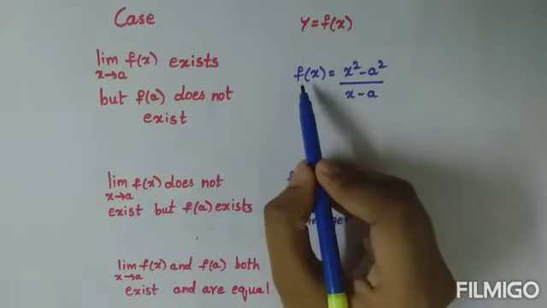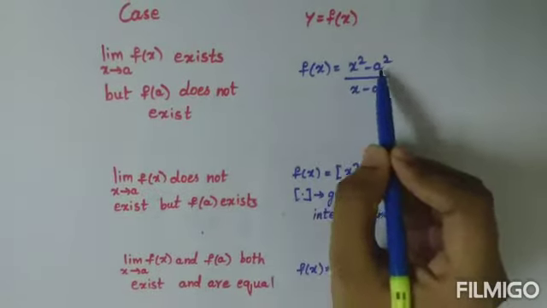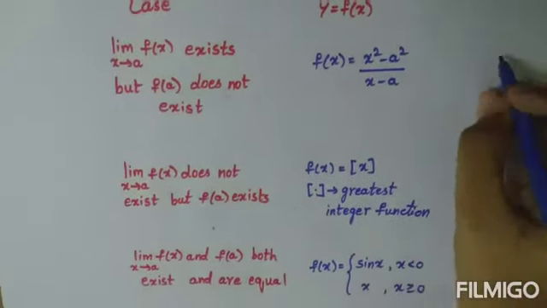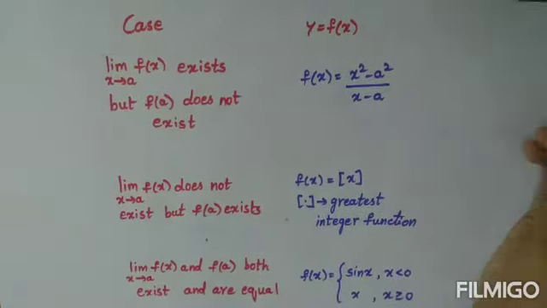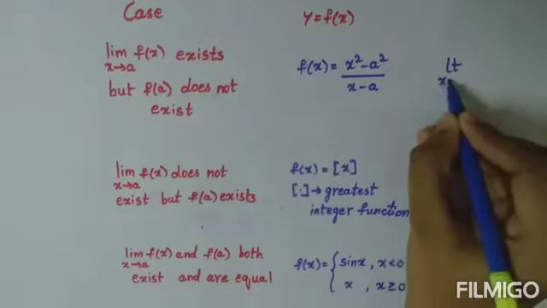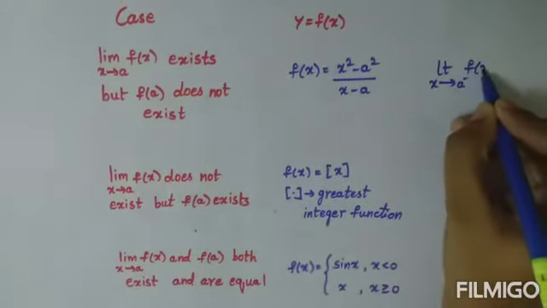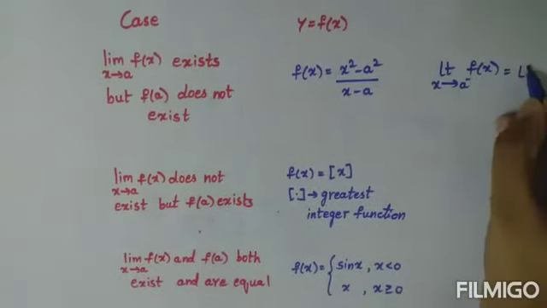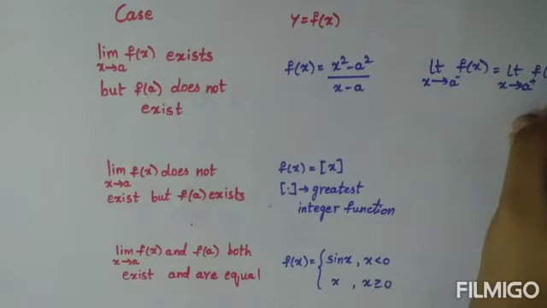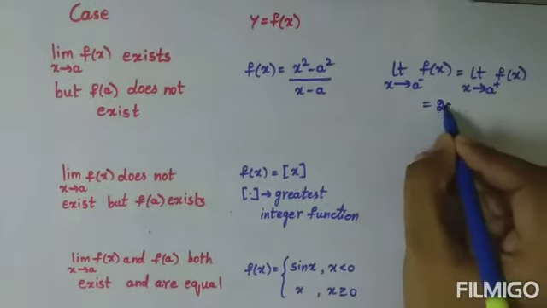So here, for example, f of x is of the form x square minus a square by x minus a. So if we observe the left hand limit and right hand limit, we can say that as x approaches from left side of a and also as x approaches from right side of a, the value of this limit is the same, 2 times a.